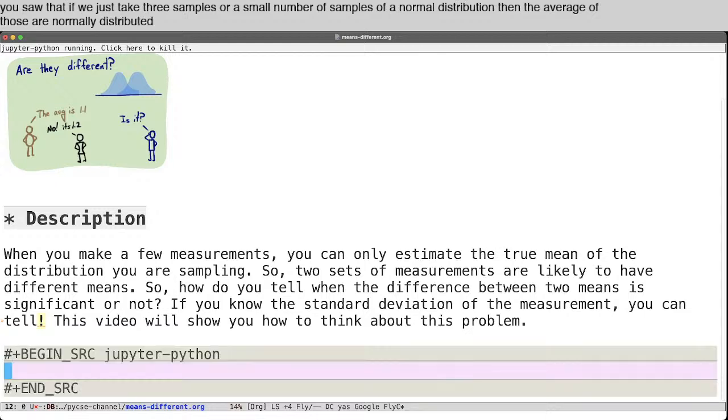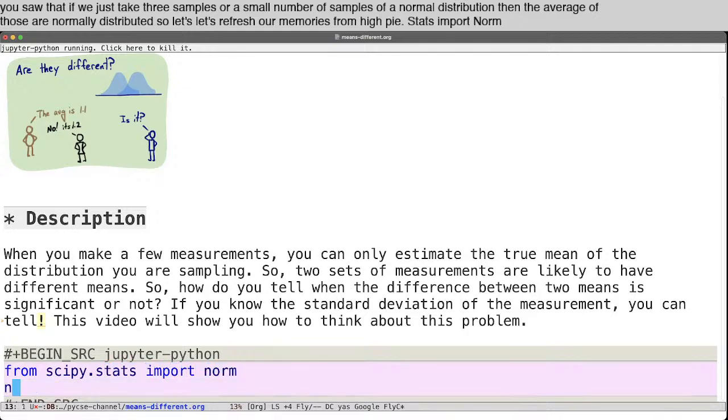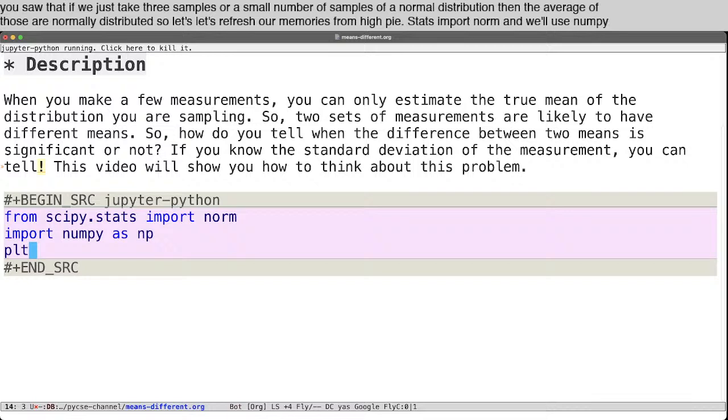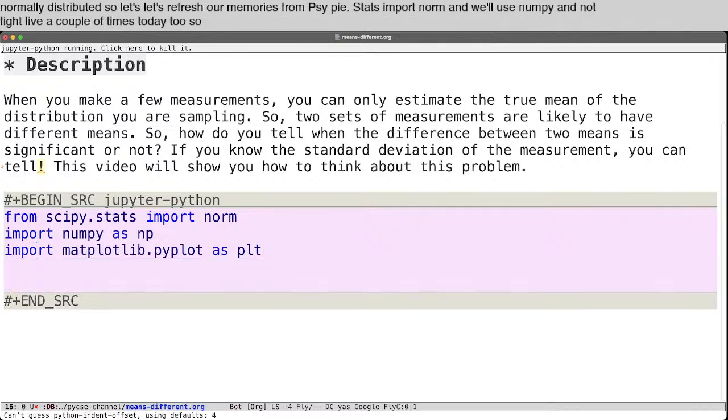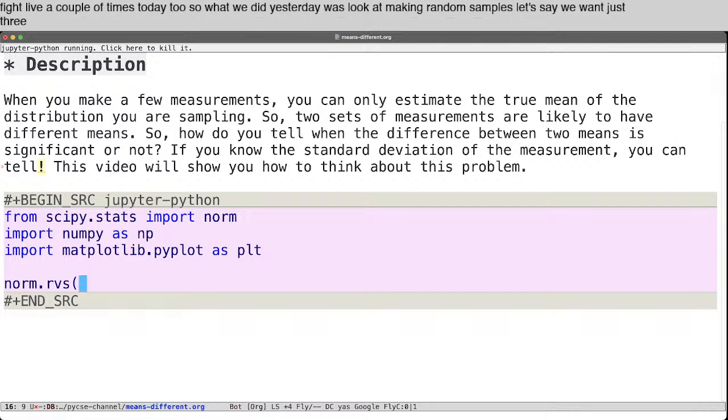So let's refresh our memories. From scipy.stats import norm, and we'll use numpy and matplotlib a couple of times today too. What we did yesterday was look at making random samples. Let's say we want just 3, and the location is by default 0, that's the mean, and the scale is 1.